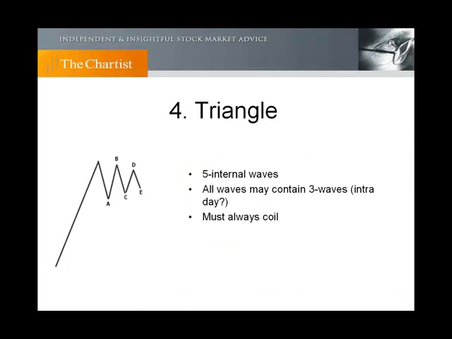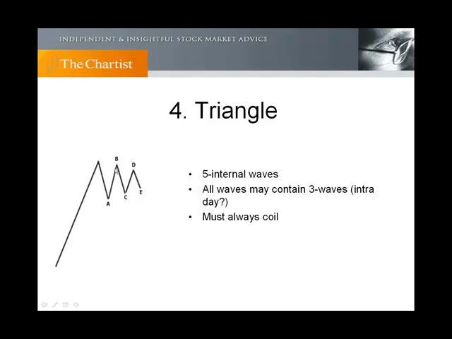One of my favourite patterns is a triangle, and this is a classic Elliott wave triangle rather than a micro triangle that I talk about in adaptive analysis. The difference is that an Elliott wave triangle has 5 internal waves, and usually, and it may be on an intraday basis, those internal waves all contain 3 waves each.